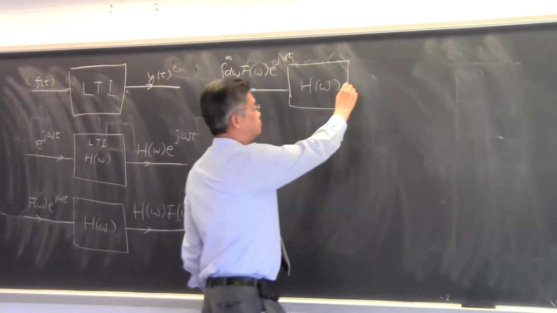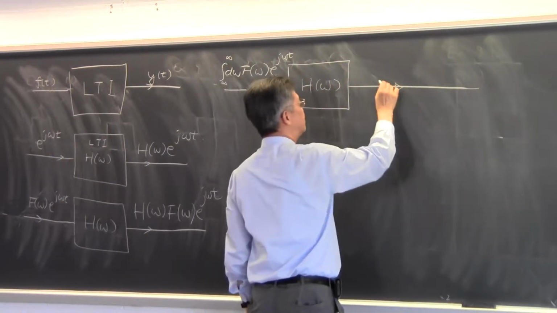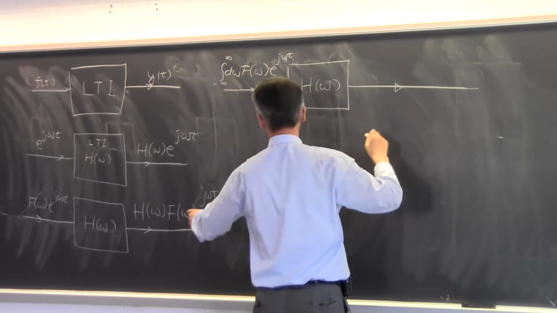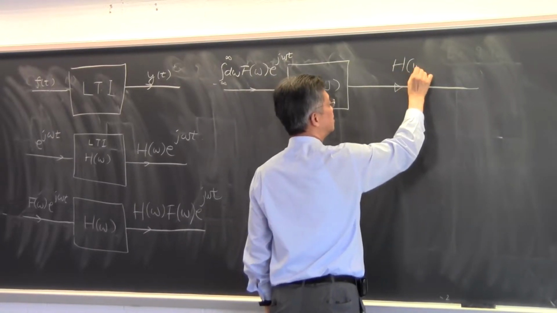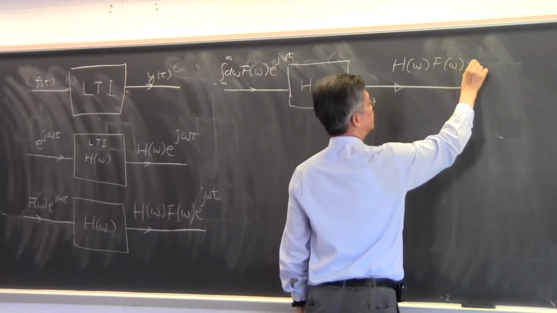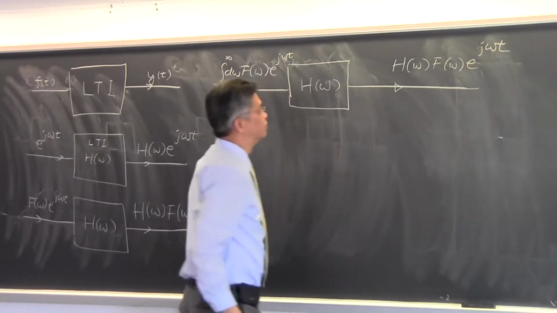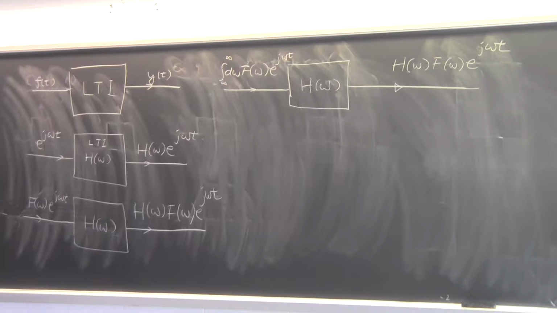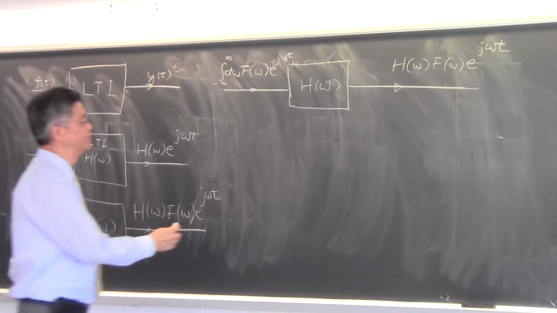What do you think the output should be by the principle of linear superposition? It should look something like this, right? What do I have to add to that to make the output correct? An integral, very good, an integral.